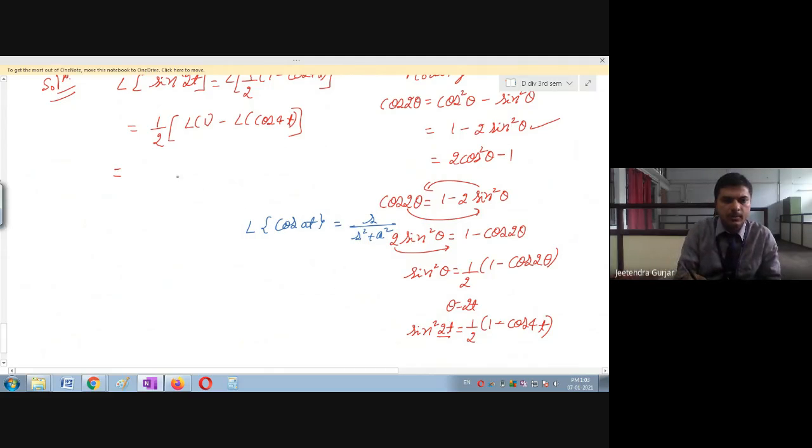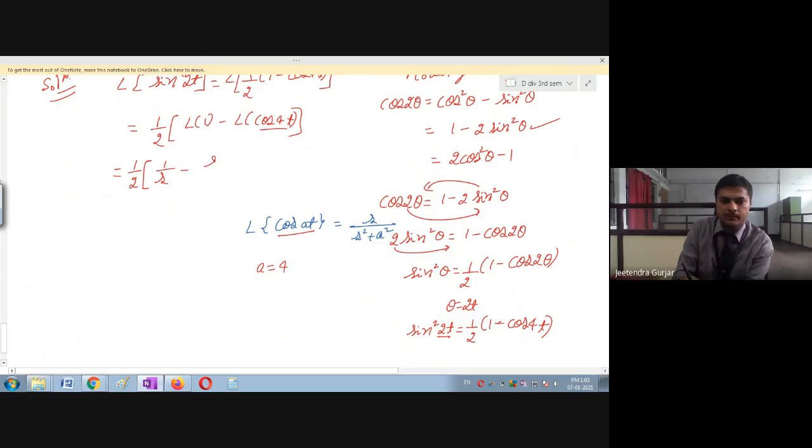Okay, students. So therefore, you can see this is 1 upon 2. L of 1 is 1 upon s minus, here you can see, compare this equation and this equation. You can see cos at is there and this is cos 4t. Means a is 4. So wherever a is there, I have to substitute 4.